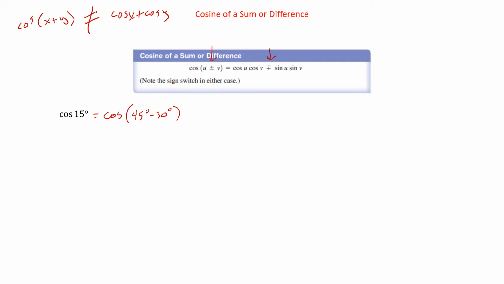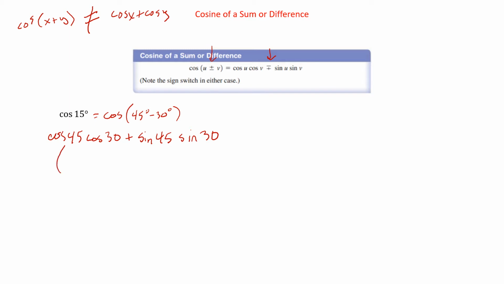So now we can split it up using our formula. It's going to be the subtraction one, so we'll be adding: cosine of 45 cosine 30 plus sine of 45 sine of 30. Now we go back to that unit circle.